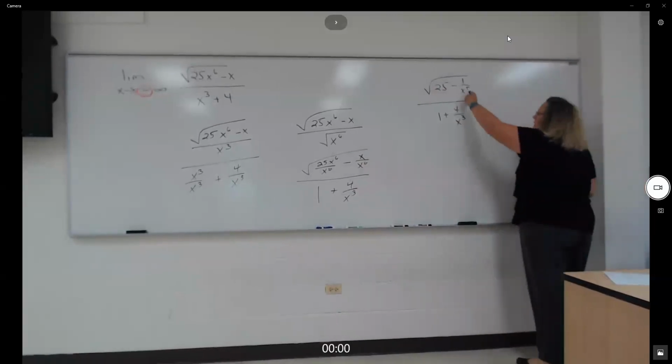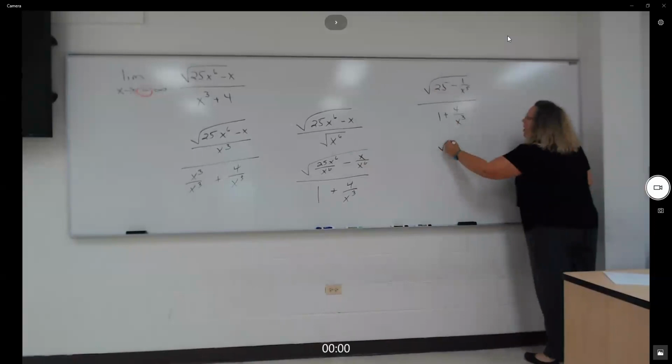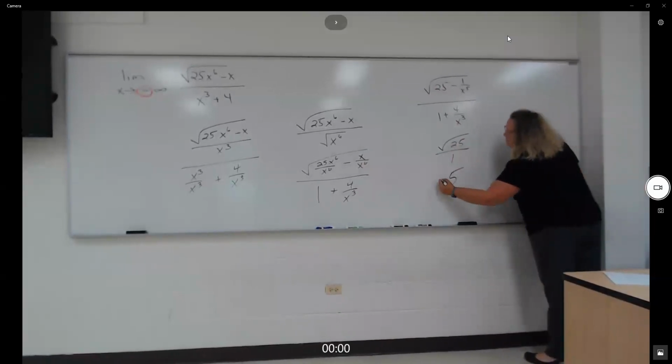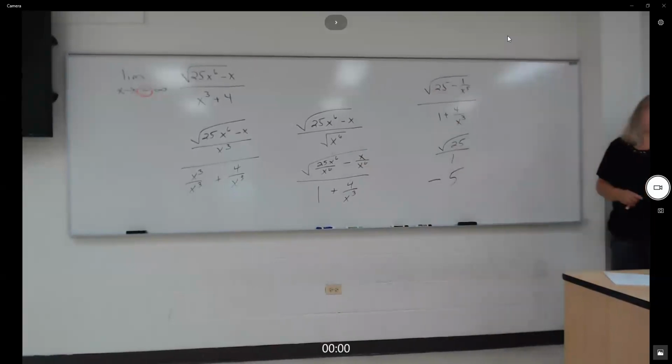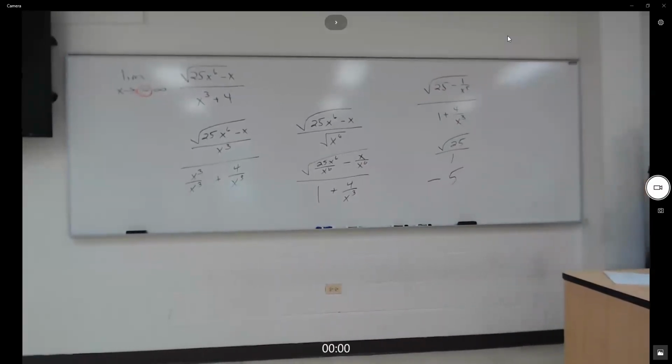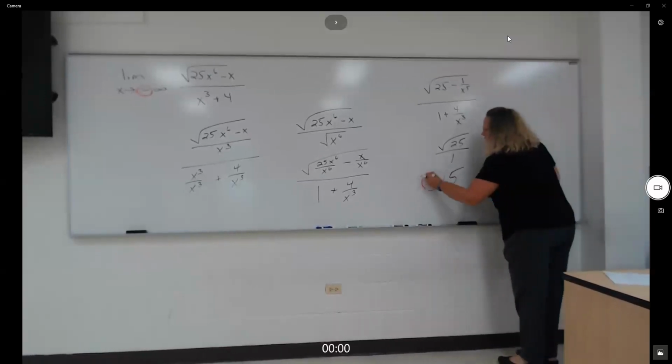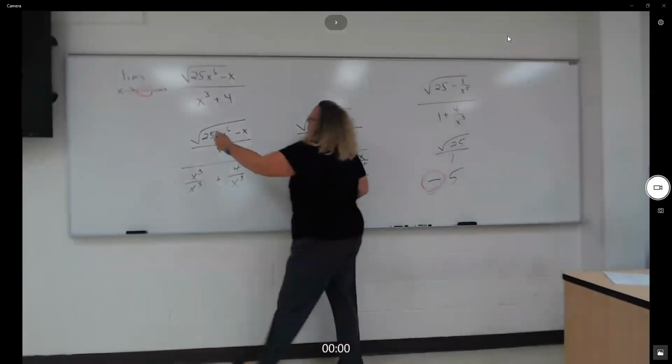This is going to 0. This is going to 0. But I have to put a negative, because I changed all those negatives to positive. So this negative is going with this negative.